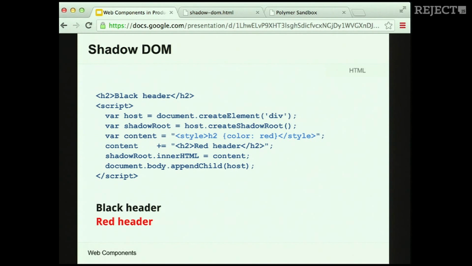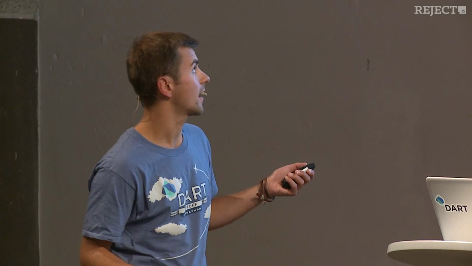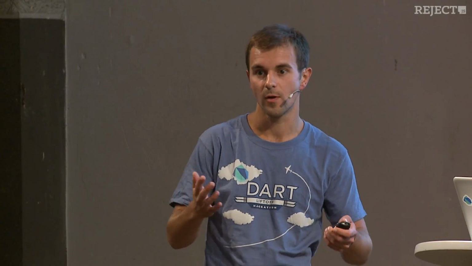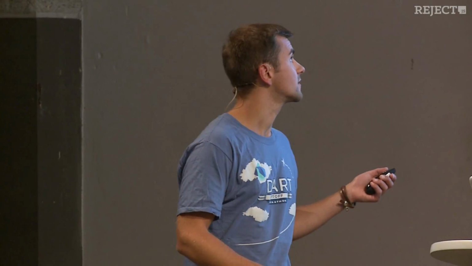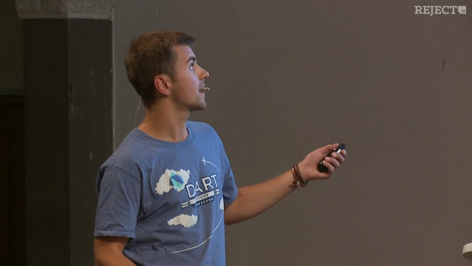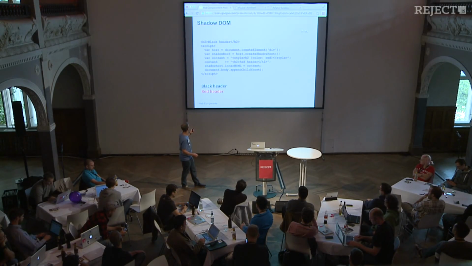And usually when you define somewhere in your HTML document a style and say the headline level 2 should be red, it's applied everywhere. And that's where we need the nesting of the classes. But what actually happens here is that the header will stay black.